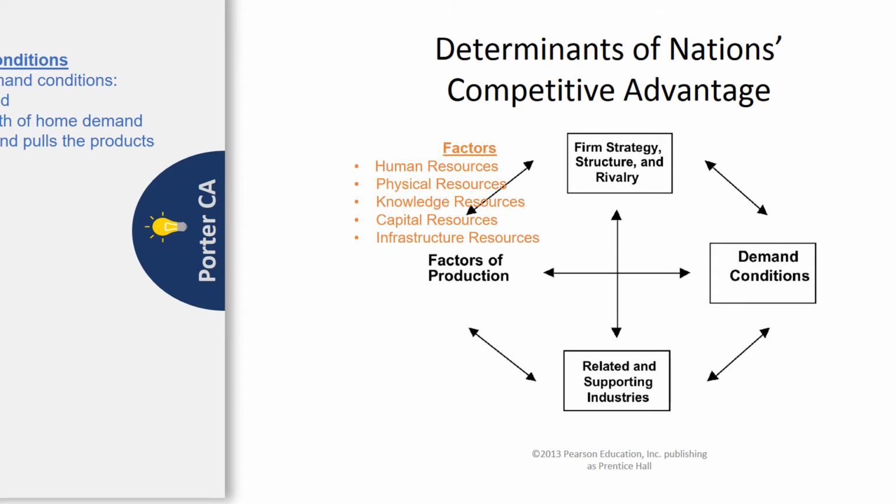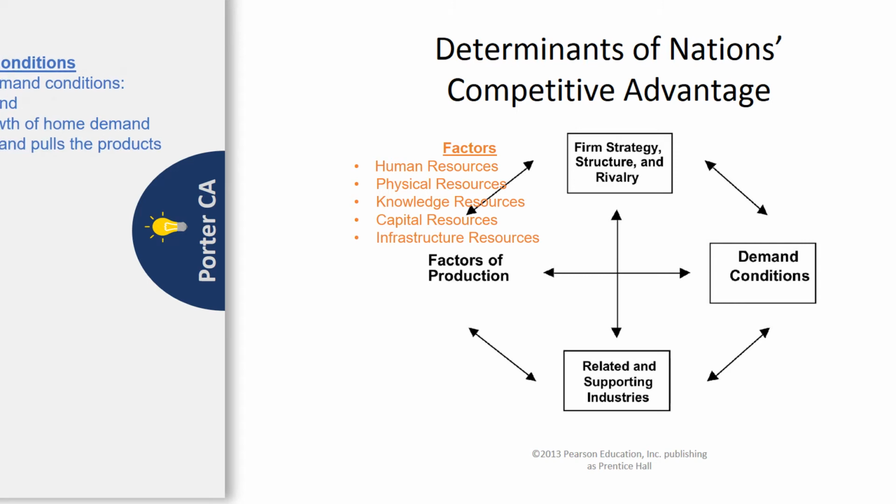So, as an example of an advanced factor, MIT produces graduates with very high computing skills, and this in turn feeds a software competitive advantage for the United States. Another factor for the US is having a large pool of venture capital seeking to invest in technology startups. And this factor condition further builds competitive advantage for the IT or tech industry in the US.